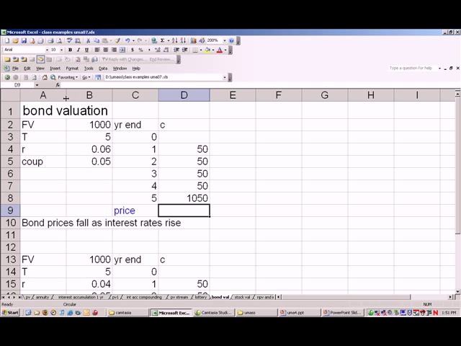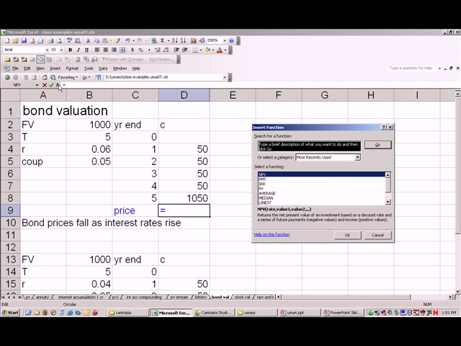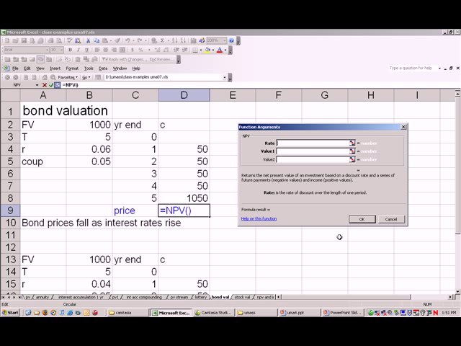So once again, we go to the function wizard, find the NPV function. That's the one we want. The rate that we want to indicate here is the discount rate that the bond buyer or the bond buying market is going to apply to the cash flows associated with owning the bond. And that's going to be prevailing interest rates on bonds of similar risk.